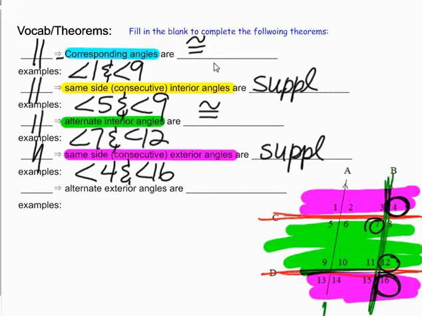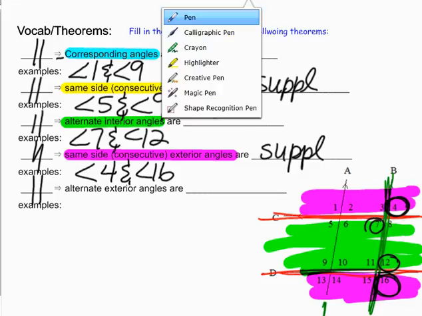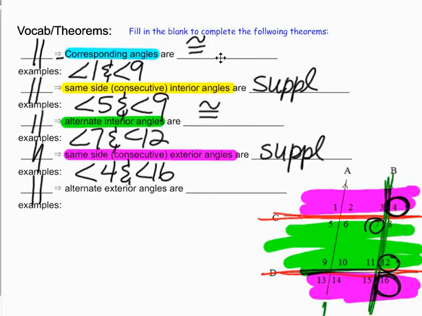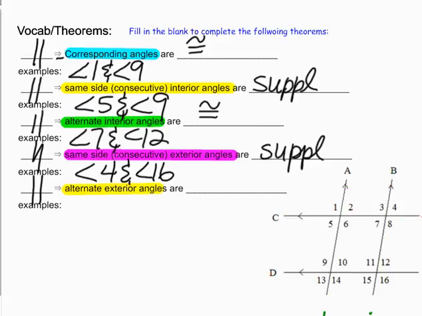Okay. The last one is, if we have parallel lines, alternate exterior angles. Those are going to be angles in the pink that are on alternate sides of the transversal. So I'm going to erase the whole thing.